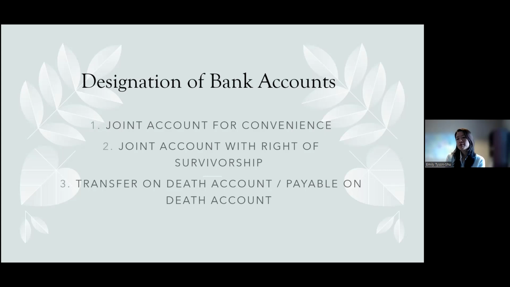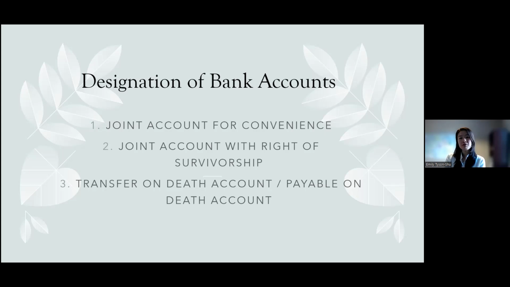Sometimes, people may see a different type of designation, which you can see on the third one: transfer on death account and payable on death account. In those situations, maybe there won't be a joint account holder, meaning that for your parents' account, you're not named as a joint account holder, but you are named as a beneficiary, and your parent specifically designated the nature of the account to be transfer on death or payable on death.